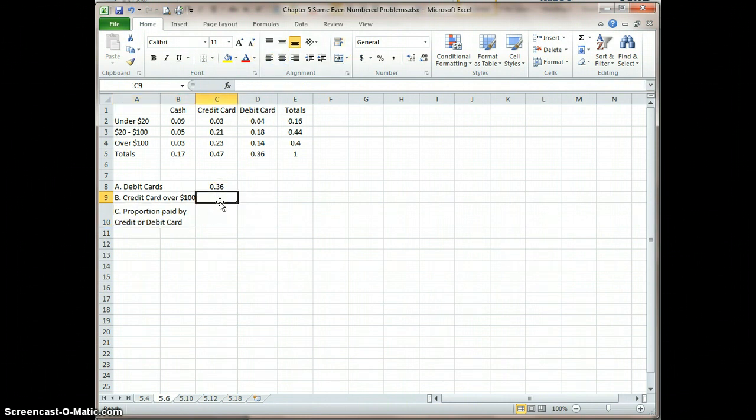Alright, so credit card over $100, that portion was actually 23 out of the total of 47.